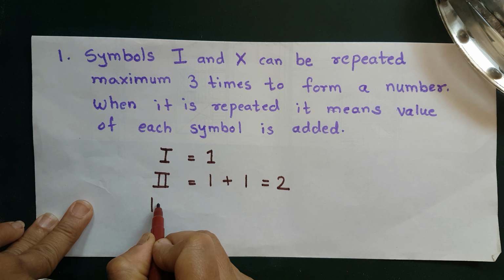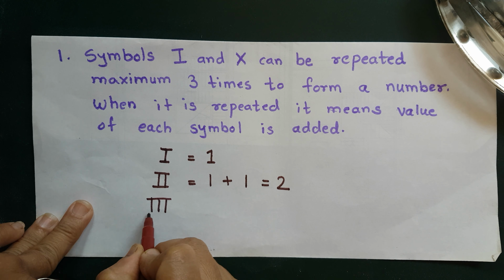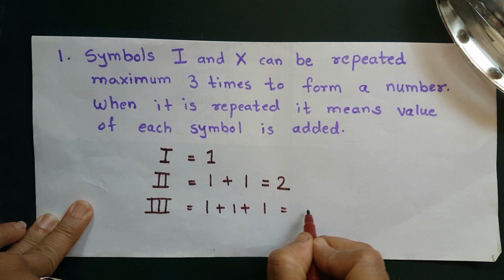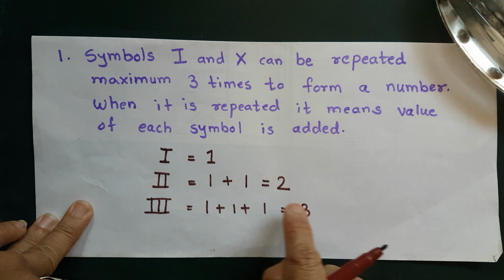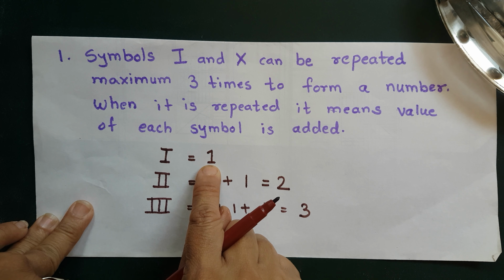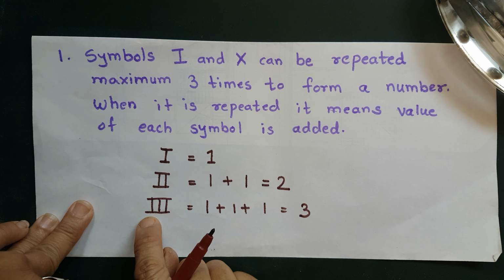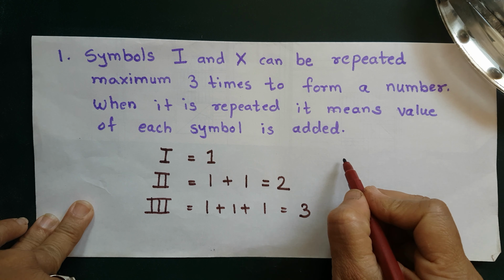When I write this I 3 times, it means 1 plus 1 plus 1 which is equal to 3. So in Roman number we write I to represent 1, we write double I to represent 2, we write triple I to represent 3. Same thing for the X.